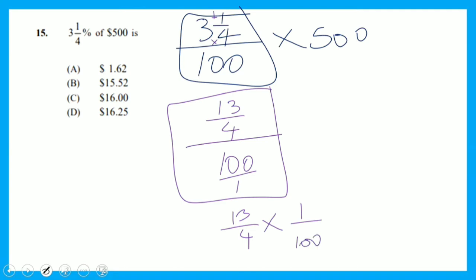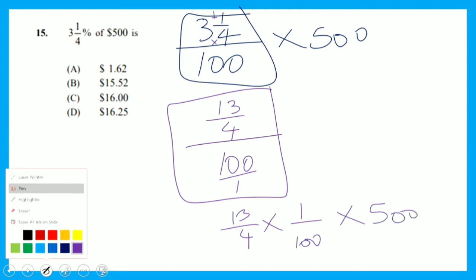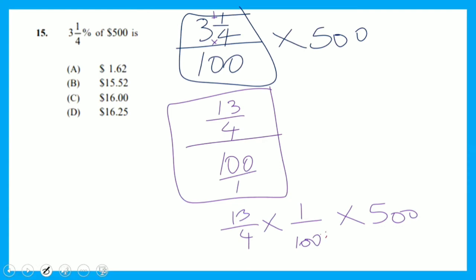All right, so this can be rewritten as such, and we still have our times 500 at the end. And now, of course, we can reduce: 100 into itself goes 1 time, 100 into 500 goes 5 times. And then we have 13 times 5, which is going to be 65 divided by 4.